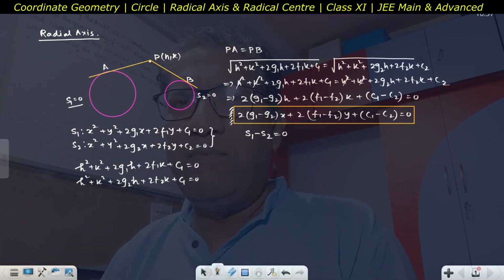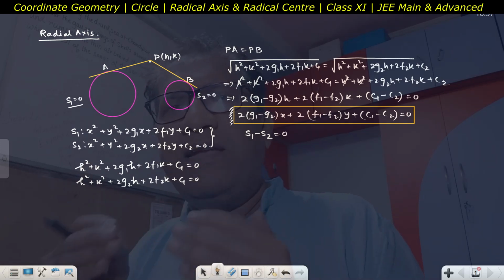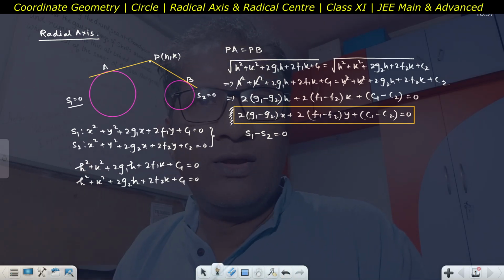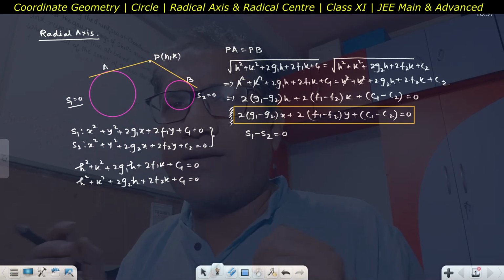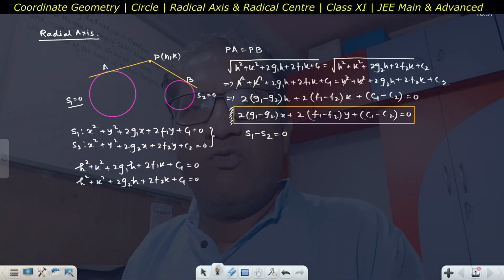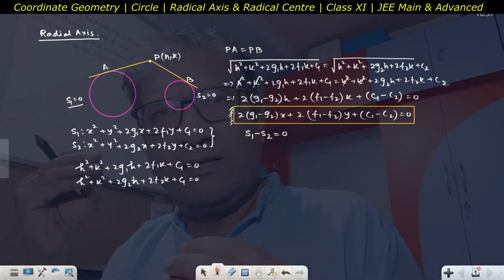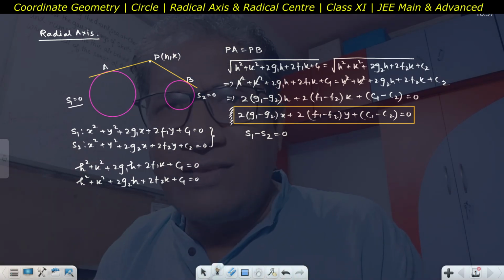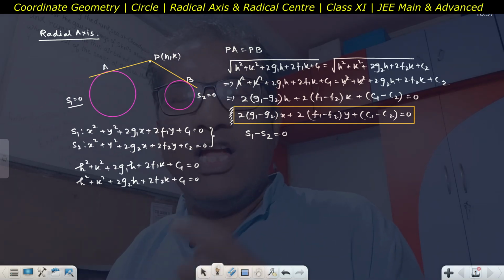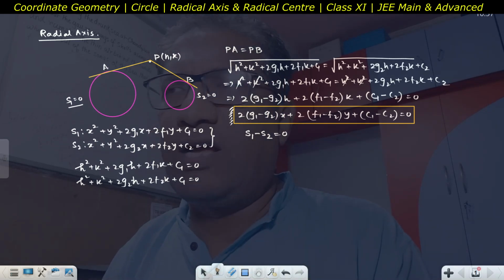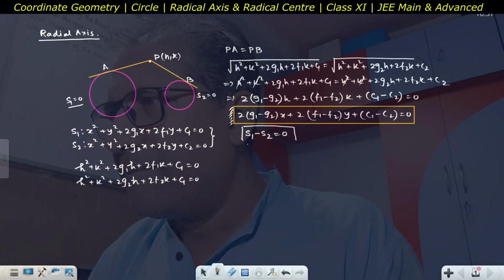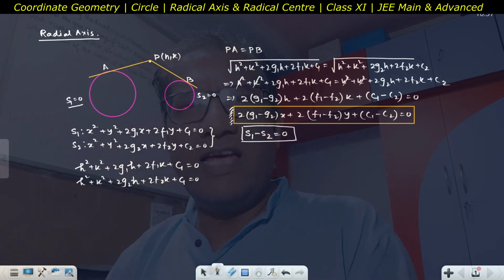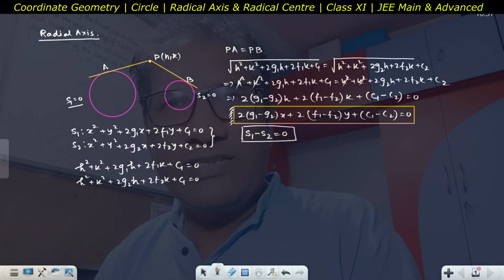And we have to remember that whenever we are asked to find the equation of the radical axis when two circles are given to us, we will simply subtract the equation of one circle from the other to get the equation of the radical axis. Is it clear to all? Have you understood this? Okay.